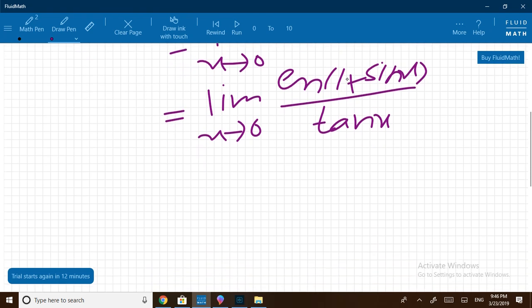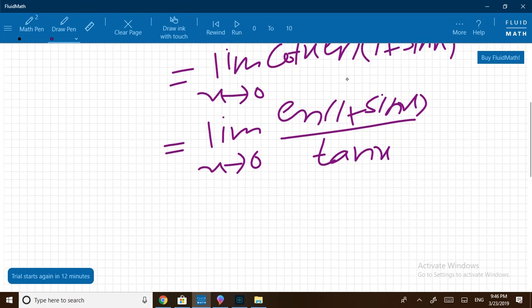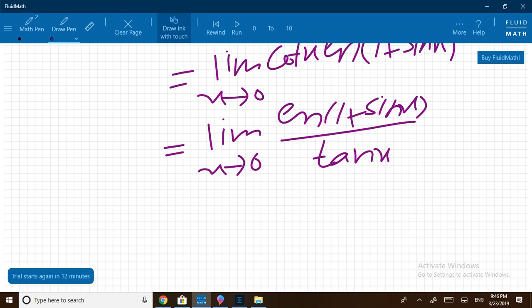Now if I put the limit x approaches 0, sine 0 is 0, and 1 plus 0 is 1, and natural log of 1 is 0. Also tan 0 is 0.